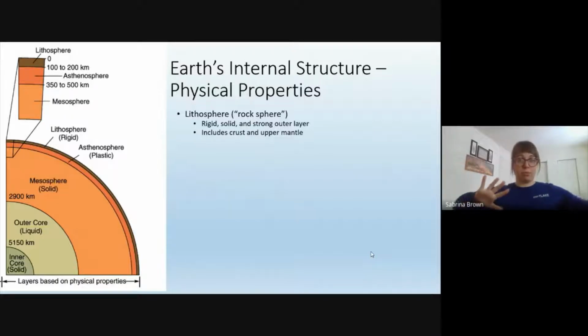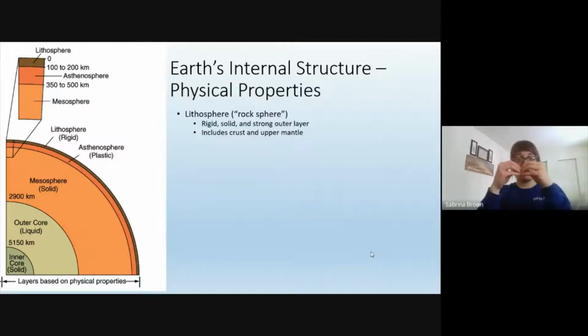So think of the chemical properties and the physical properties as being separate, even though when we lay them next to each other, they correlate a little bit.